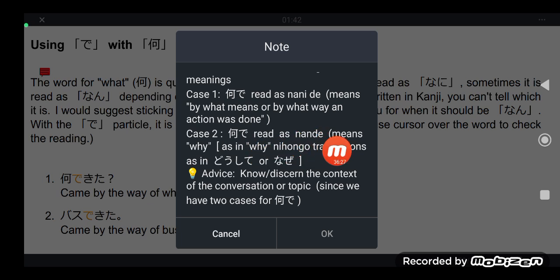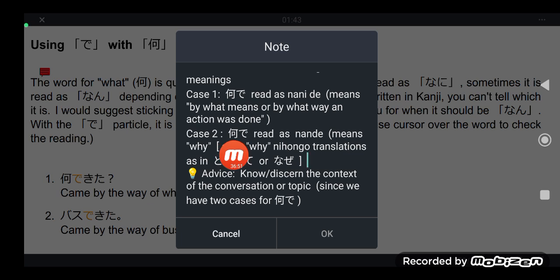Nande. Nande is a kind of expression used in interrogative sentences similar to asking why. But there are other forms of Nihongo that are also equivalent to why depending on the context. It could be doushite or naze. So the nande can also be a why, in the form of by what means.